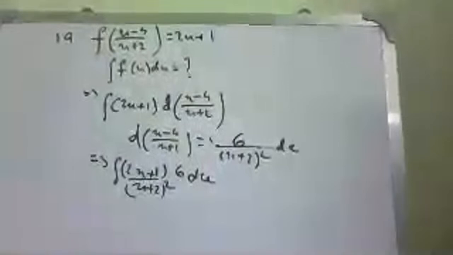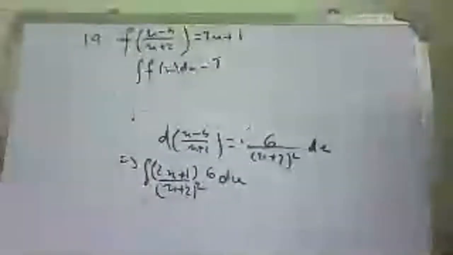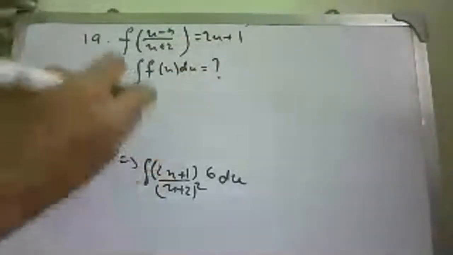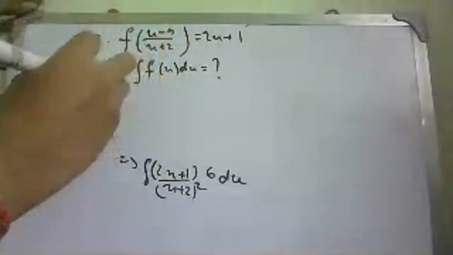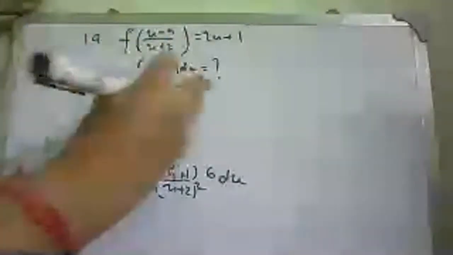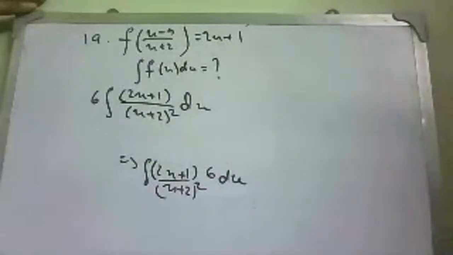Again, it's pretty similar. The same thing basically. Okay. So we have the integral of 6 times (2x plus 1) over (x plus 2) squared dx.